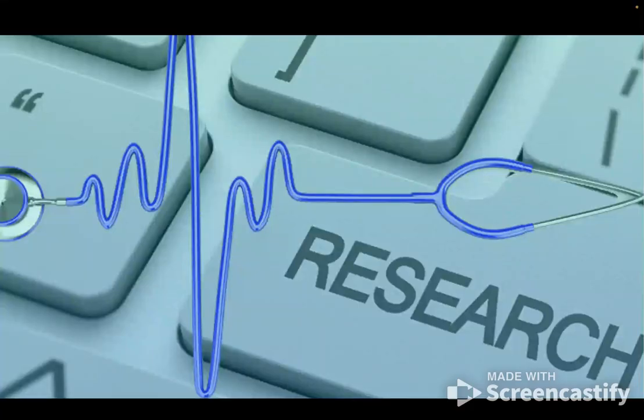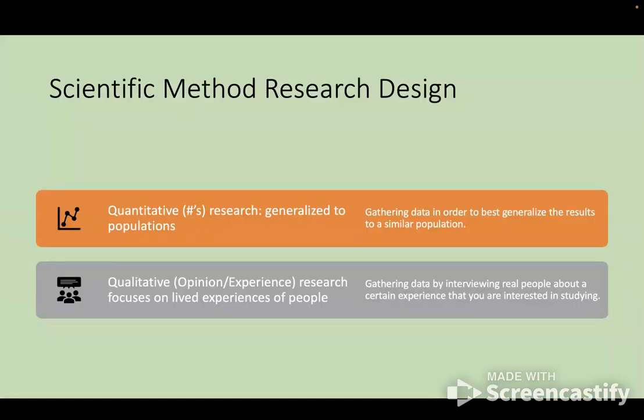So we're going to talk just a little bit briefly about research. When we look at research, we're going to look at a research design and different ways to look at data and research. So quantitative, if you look at quantity, you want to think numbers. You're gathering data in order to best generalize the results to a similar population.